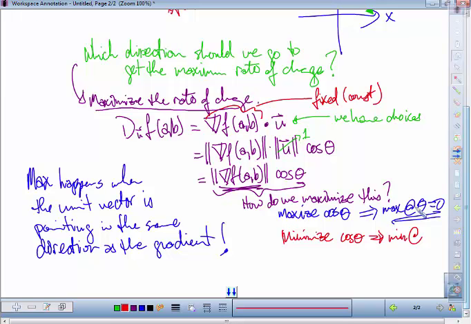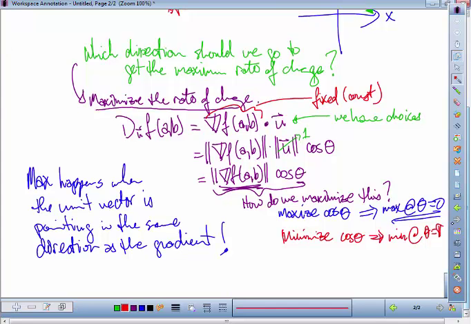What angle gives you the smallest value of cosine? Pi over 2 would give you 0. Pi would give you -1, even lower. But it's -1, which is going in the opposite direction.